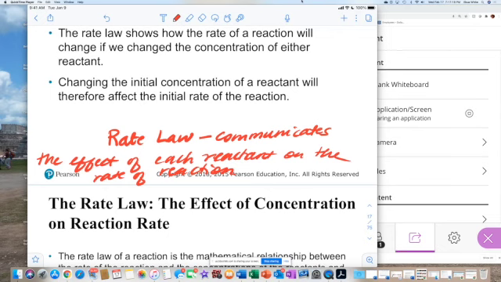I try to simplify my definition and only complicate it when I have to add more information. So let's start with simple. We're going to always add to it. The rate law is an equation, and it has a purpose. What does it do? It communicates the effect of each reactant on the rate of the reaction.